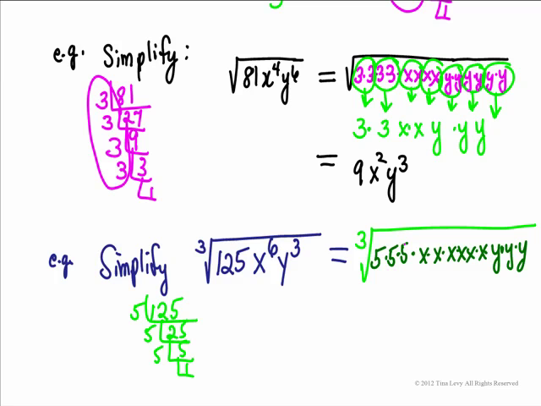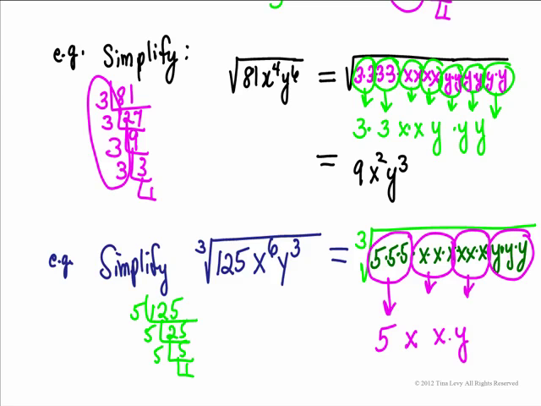Because it's cube root, it's a stronger jail, so it takes 3 of them to break out. So you have 1, 5. Then for these triple of x's, we have 1x. We have another x, and then we have a y.